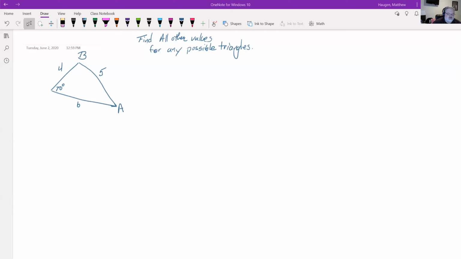So Nicholas, Jasmine, or Nick, you want to suggest which tool we want to start with here? Nicholas wanted to go with law of sines. Anybody want to argue with that?